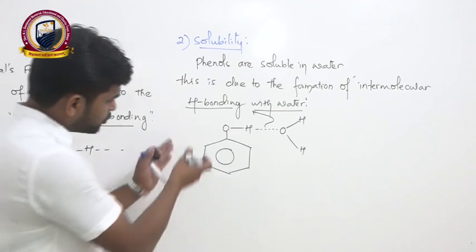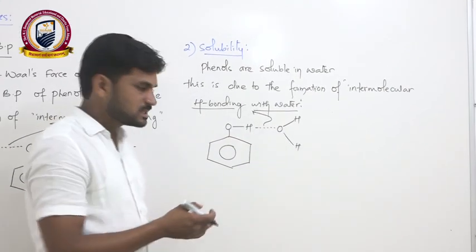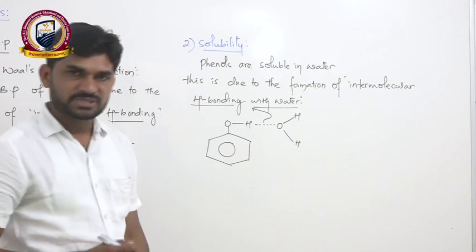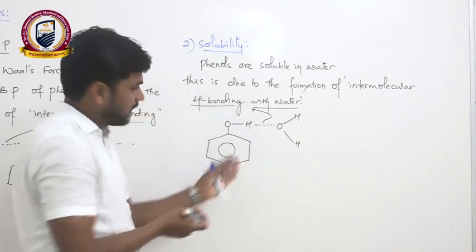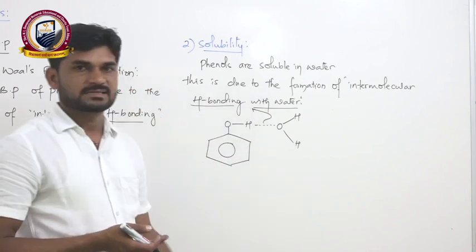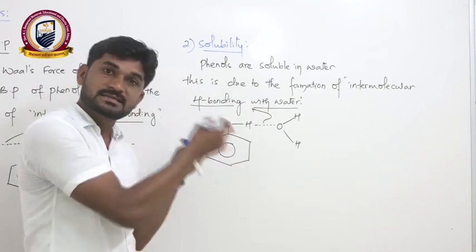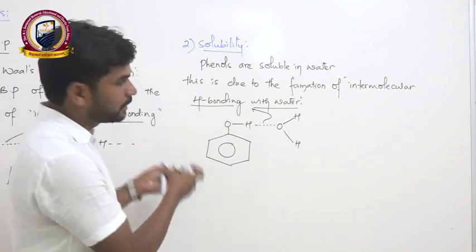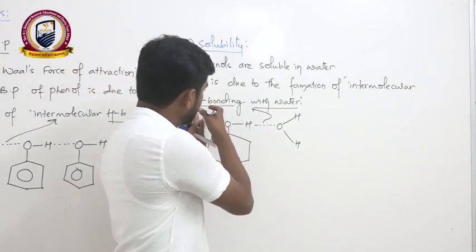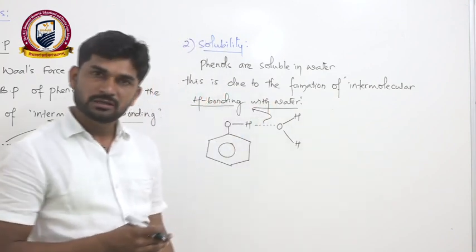And the solubility of phenols in water decreases with an increase in the number of carbon atoms. If the number of carbon atoms in the substituent increases, the solubility automatically decreases, right? We have also discussed this in the case of alcohols. As I told you, alcohols are soluble in water due to the formation of intermolecular hydrogen bonding with water.